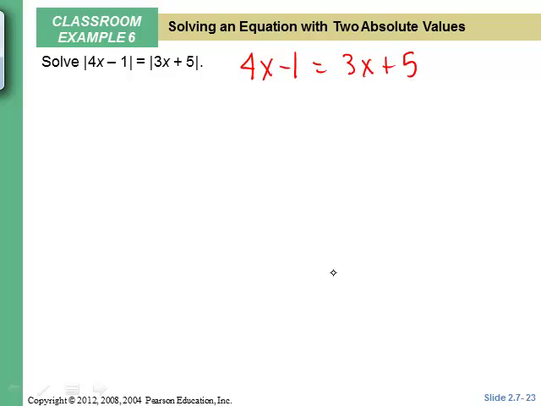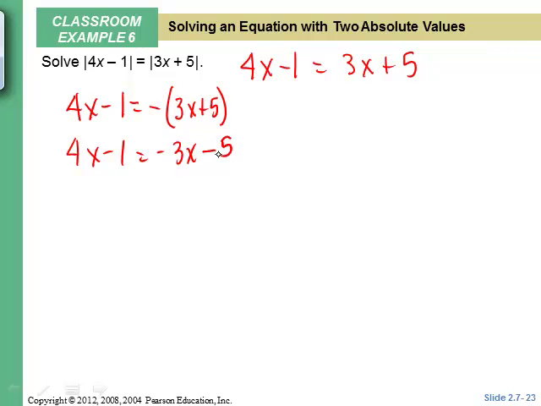That's easy enough. The other case that we have to write is 4x minus 1 equals negative (3x plus 5), which would be 4x minus 1 equals negative 3x minus 5, right? This negative comes out into there.